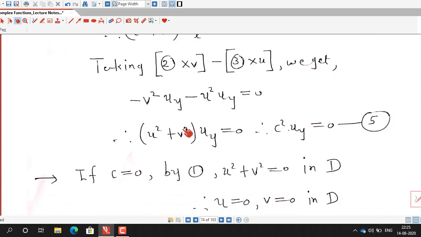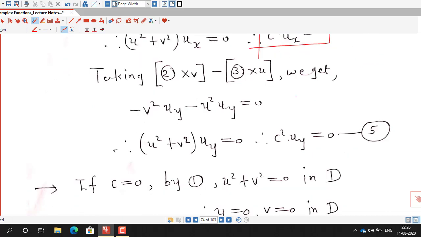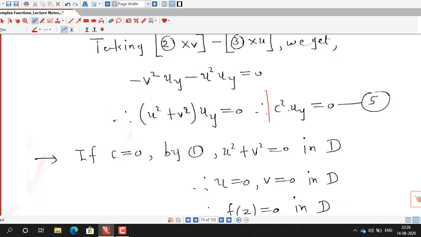If we take the negative to the right hand side and take del u by del y common, we will have u square plus v square into uy equal to 0, and by equation 1 u square plus v square is c square. So we obtain c square into del u by del y equal to 0. This is equation number 4, and this is equation number 5.